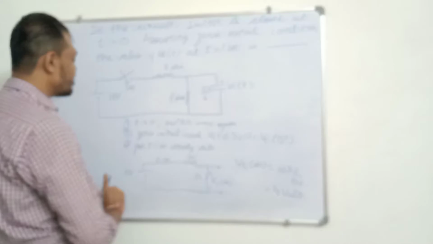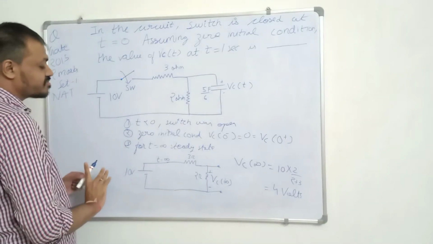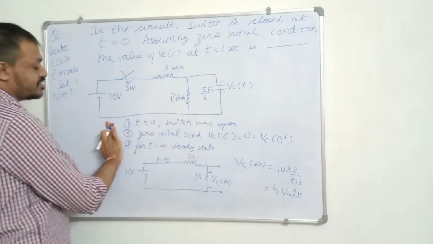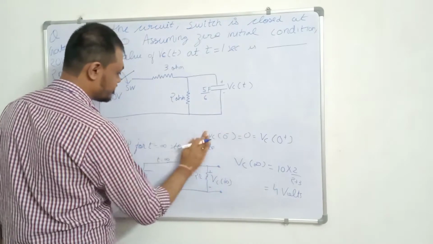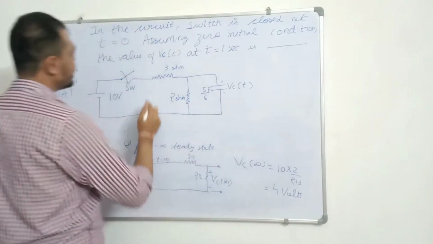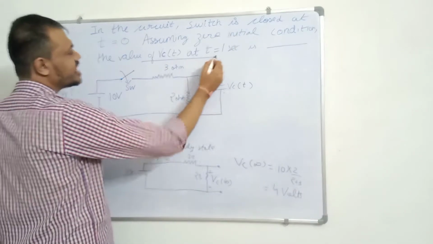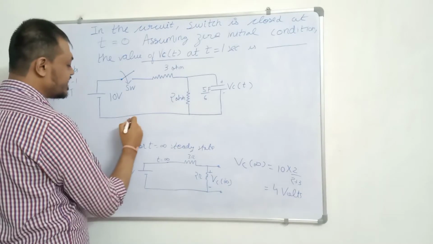Now we can just apply the formula. It asks us Vc(t) at t equal to 1 second.